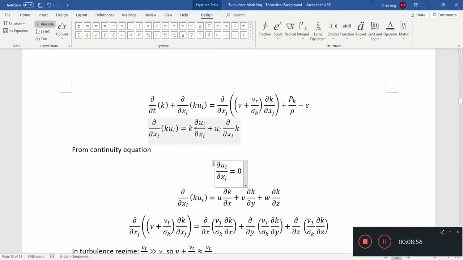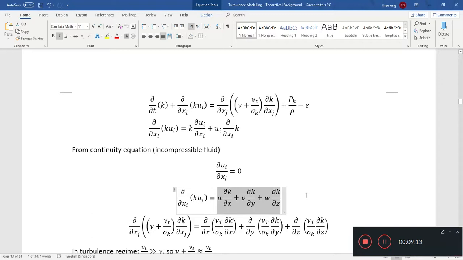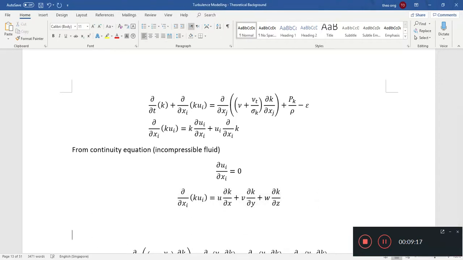So this term kind of disappears, and all you're left with is this term. Okay, so if you are an incompressible fluid, we have this assumption. So we are left with this. That's why when you expand it out, you have this x, y, and z direction if you're using Cartesian coordinates.